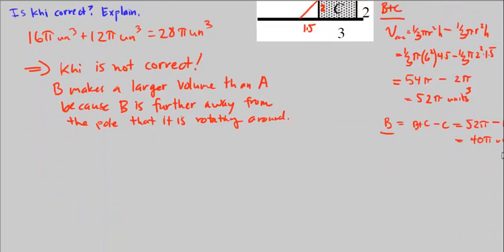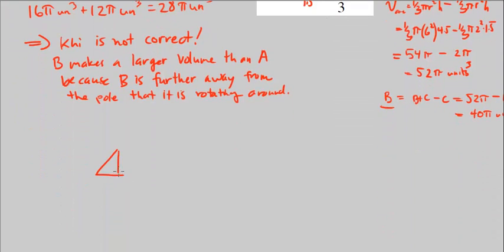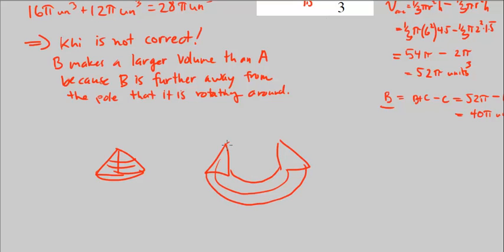Okay, so if you were to look at A's cone, I'm just looking at the other way, it would be a cone like this. B, though, would be a cone but with a chopped off area, so it would kind of look like this. It would be kind of like a volcano, or, I don't really know how to describe this, but it would be a cone with the top chopped off, no top, and also a hole in the middle as a cylinder.